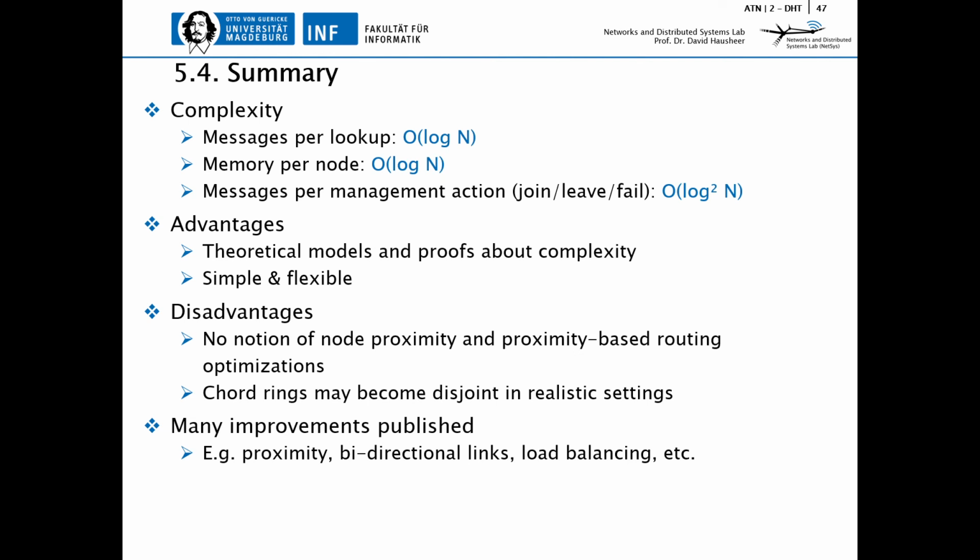There have been many improvements of the Chord network, for example, to take proximity into account, and also by considering bidirectional links so that link failures can be more easily adapted to. And also there have been improvements in terms of load balancing to really ensure that data items in the Chord network are equally distributed among the nodes.